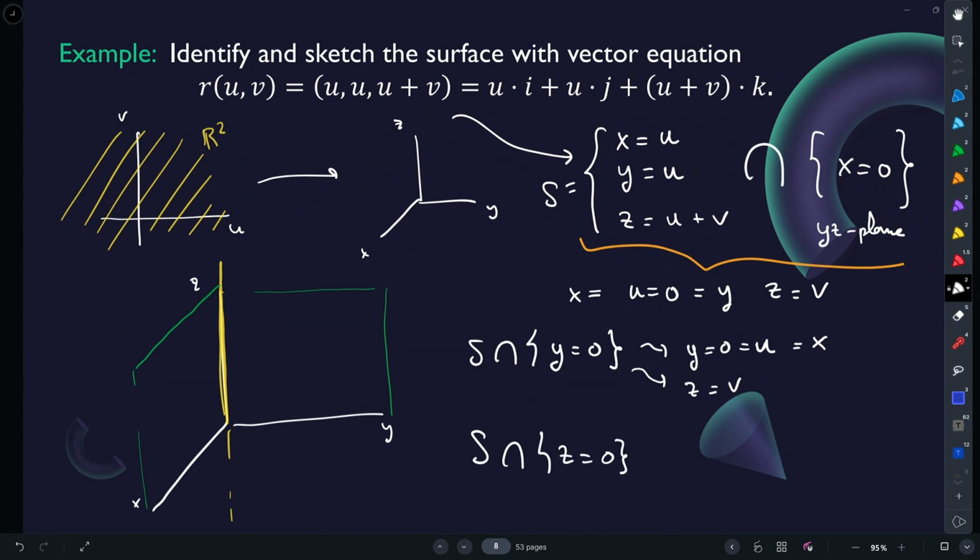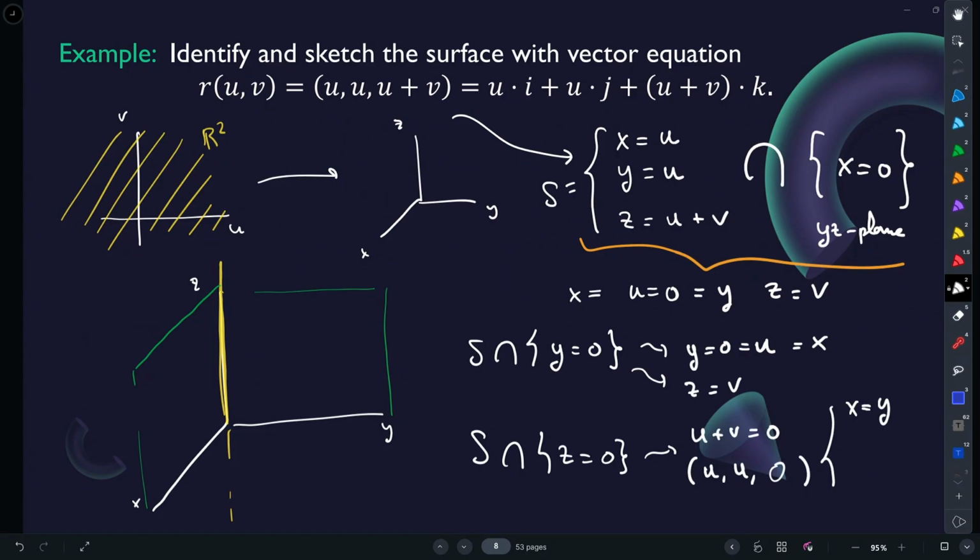And finally, let me see what's happening with z equals 0, so with the xy plane. What this tells me is that u plus v is 0, and u can be anything I want. So these are all the points (u, u, 0), and v is minus u. What points are those? These are the points where x is equal to y.